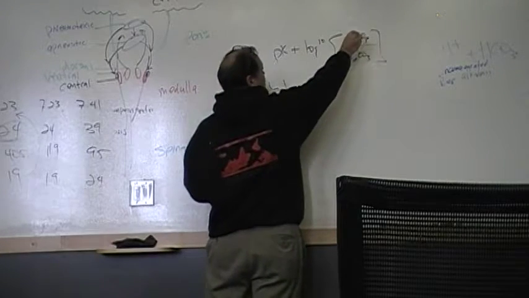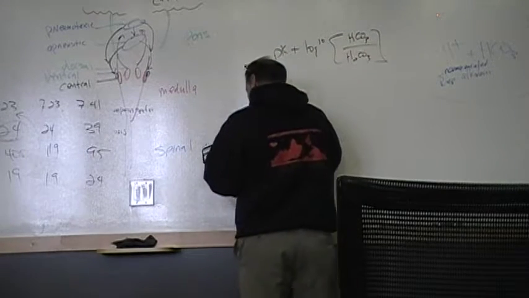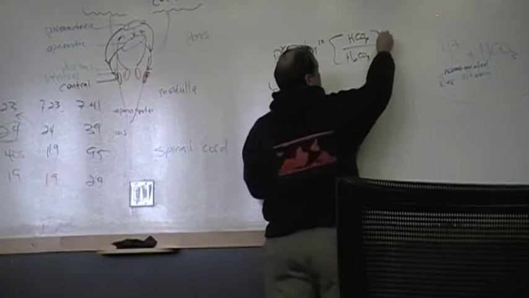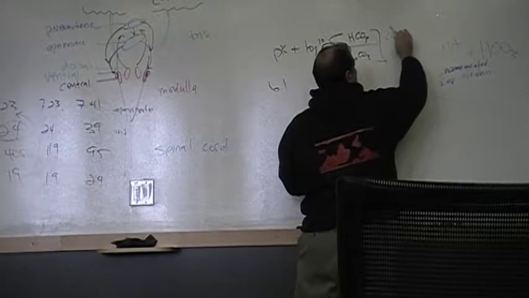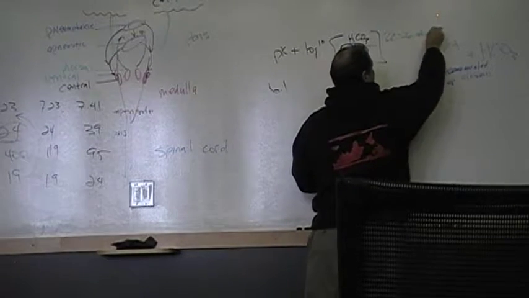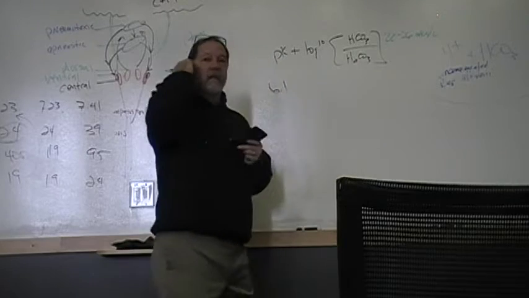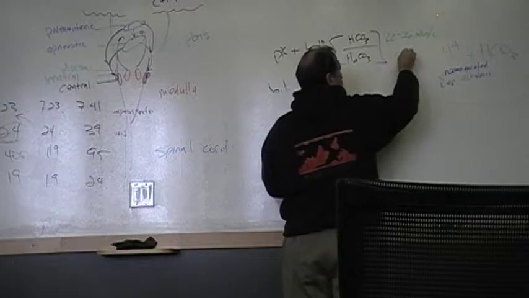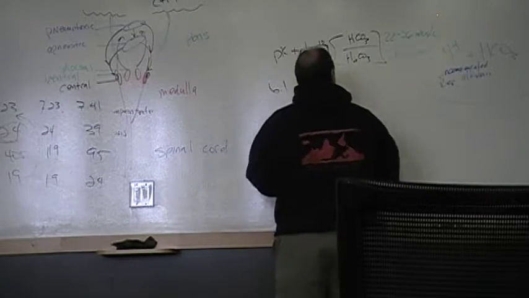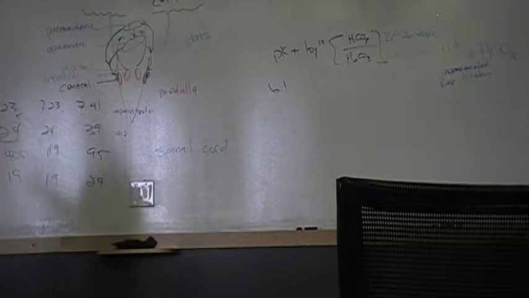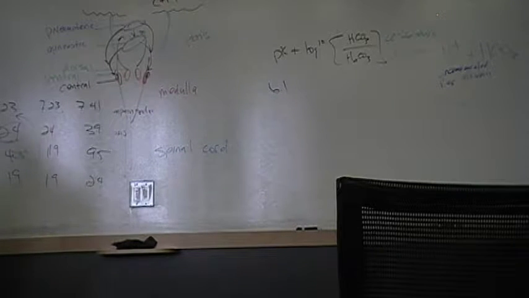The normal value for bicarbonate is 22 to 26 milliequivalents. Carbonic acid is simply the CO2 times 0.03. So if you're given a blood gas, you can get the bicarbonate, calculate the carbonic acid, and then get the ratio.